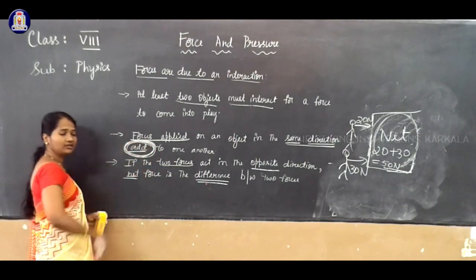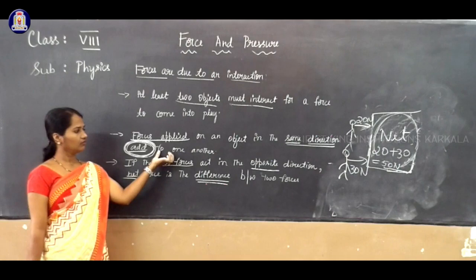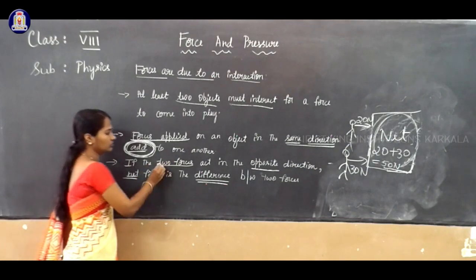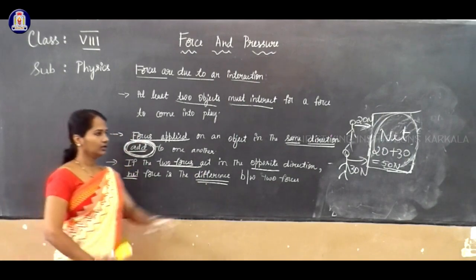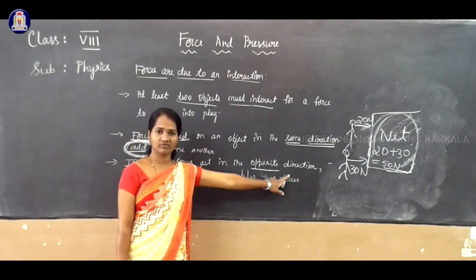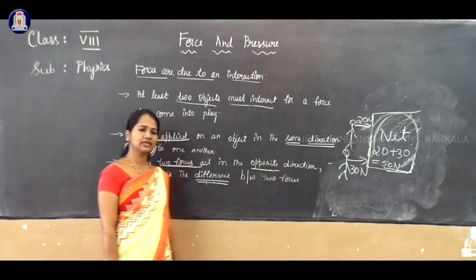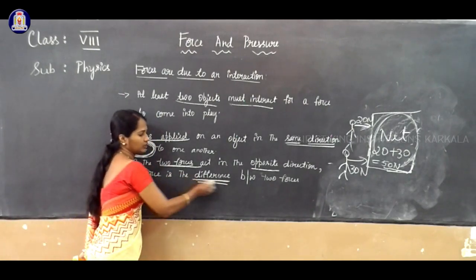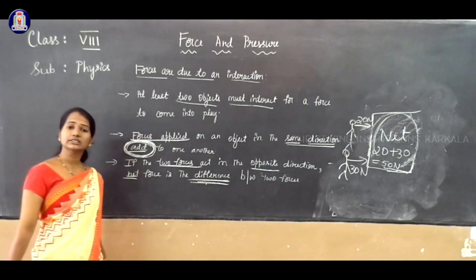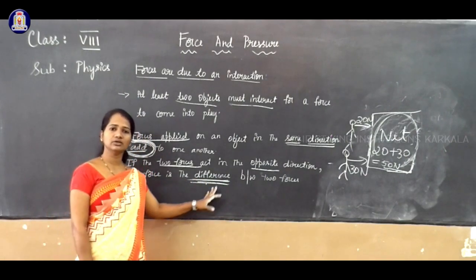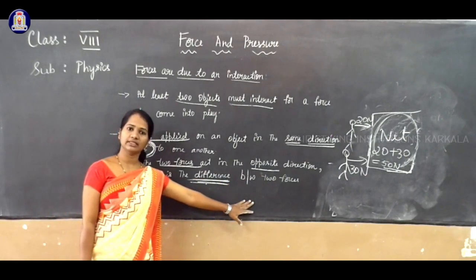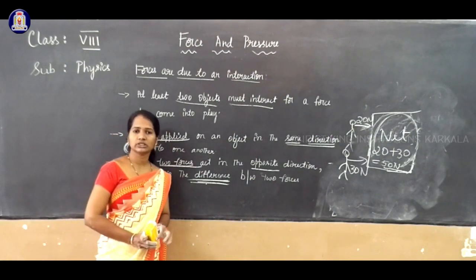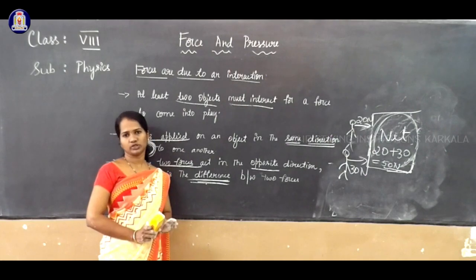Suppose two forces are acting in the opposite direction, then the net force is the difference between the two forces. So in this way we can find the net force or the total force acting on an object.